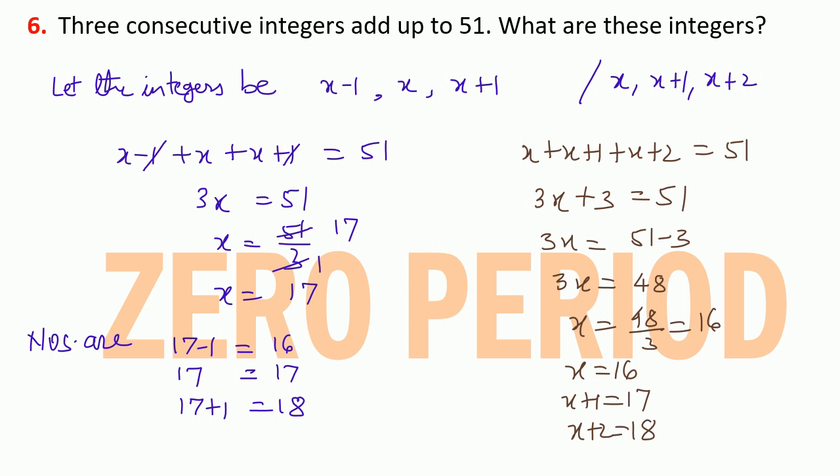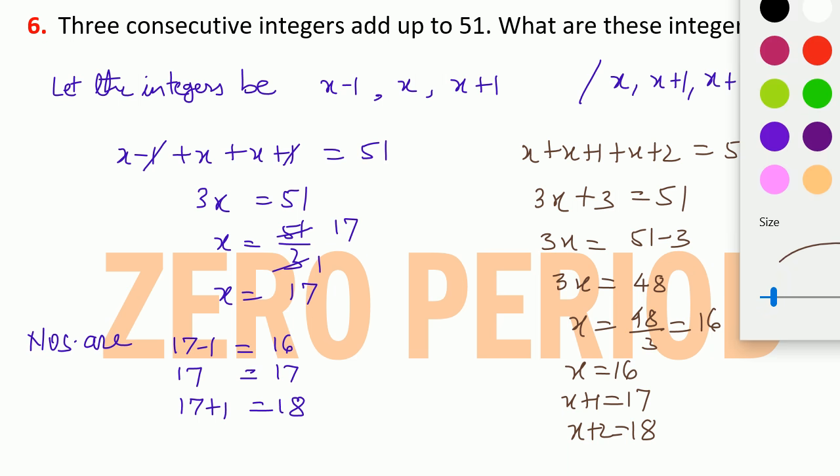So in both the ways you will get the same numbers, but this method will give you less calculation. In this method you can get the value easily and quickly. Okay, so finally you need to write your answer.